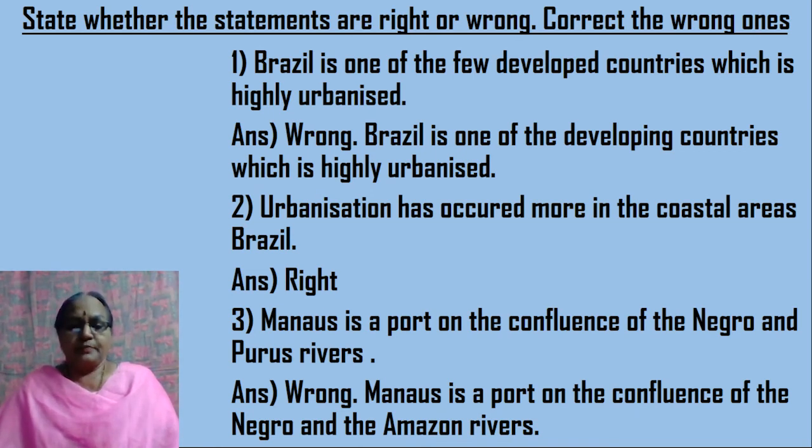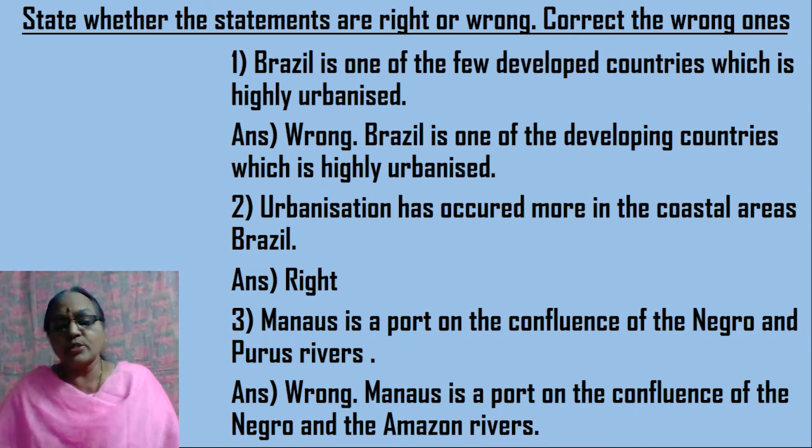The third one, Manaus is a port on the confluence of the Negro and the Purus River. So what is that? Yes, it is a wrong statement. What's the correct one? The correct one is Manaus is a port on the confluence of the Negro and the Amazon rivers.